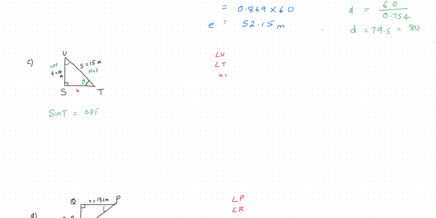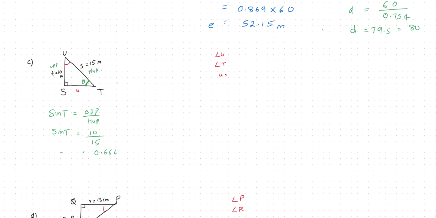So sine T is opposite 10, hypotenuse 15. So 10 divided by 15, you get 0.666. So sine T equals 0.666.